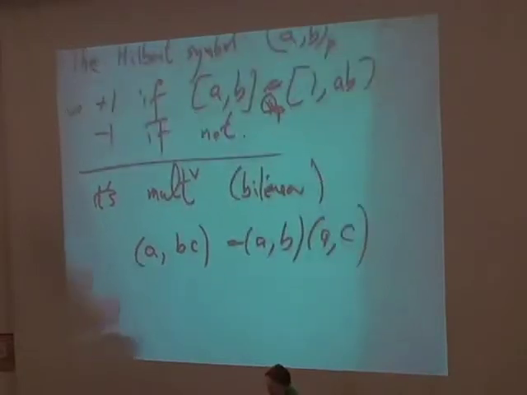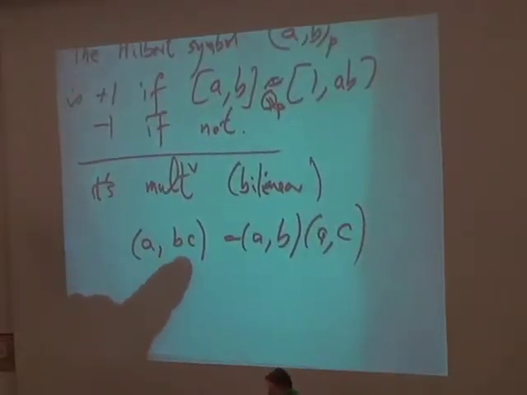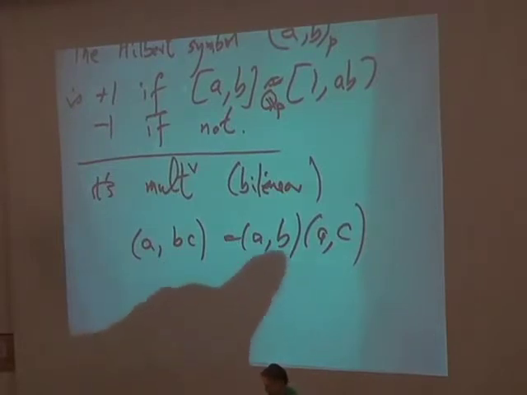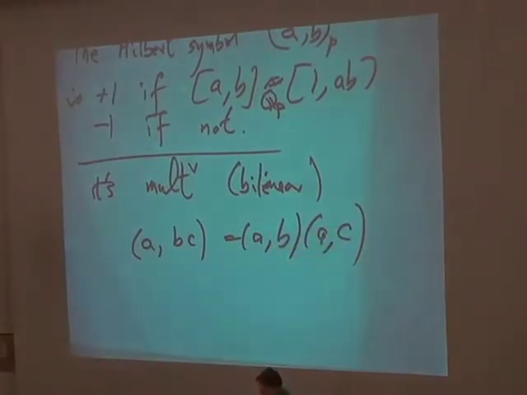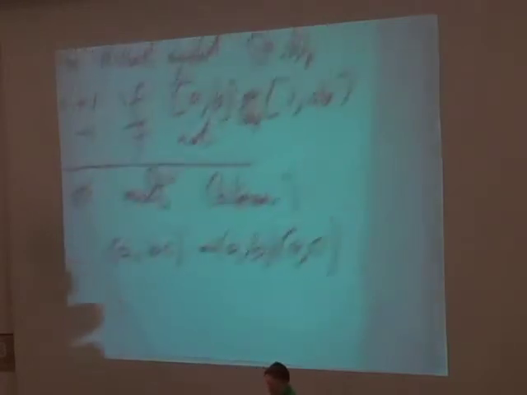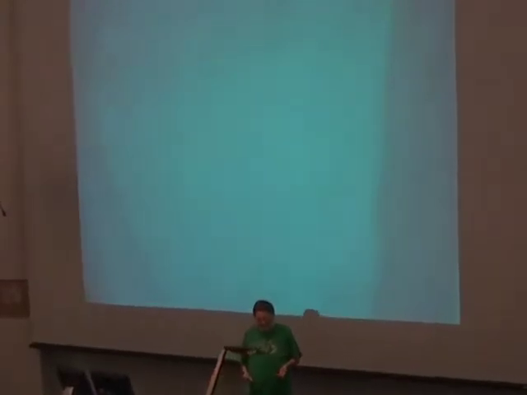That's linearity in the second variable. It's rather funny because its values are plus and minus 1, so linearity is written in a multiplicative way. It's bilinear, and symmetric, by the way. So we're really talking about symmetric bilinear forms, and the invariant is a symmetric bilinear form.